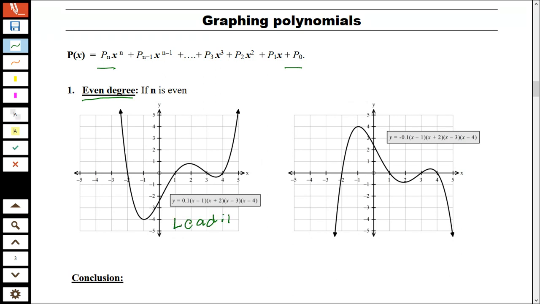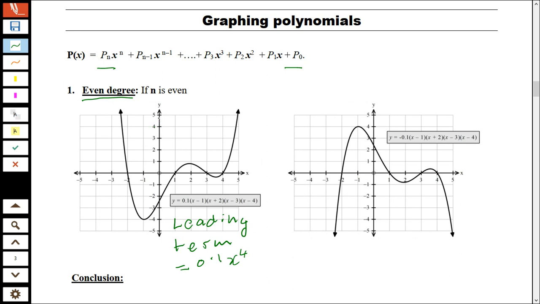What do you think the leading term would be? This one. Leading term, well, you can have 0.1 there, certainly. If you multiply the x terms out, you're going to get x to the 4. Okay, so this is a polynomial of even degree, isn't it? Degree 4, in fact.